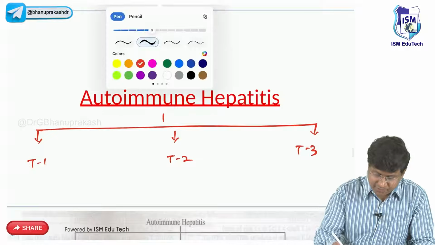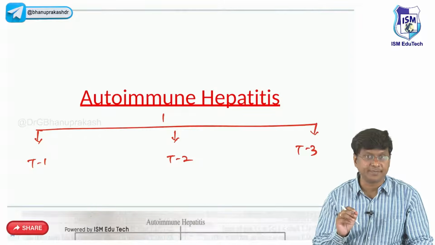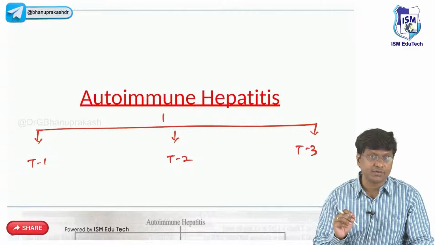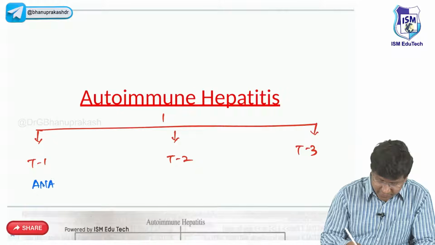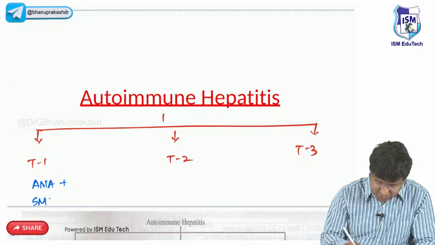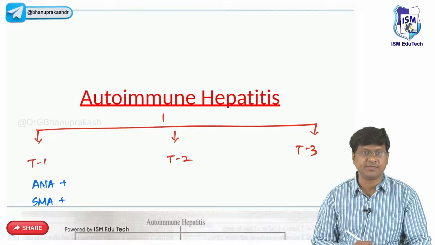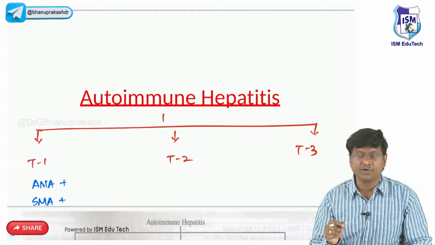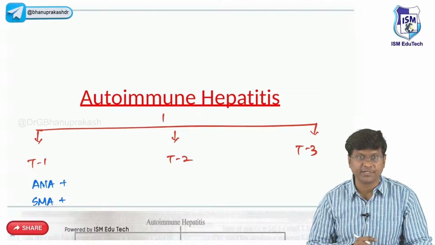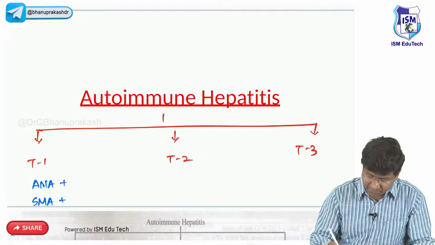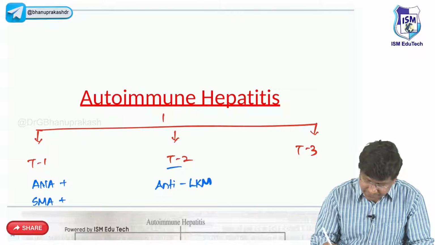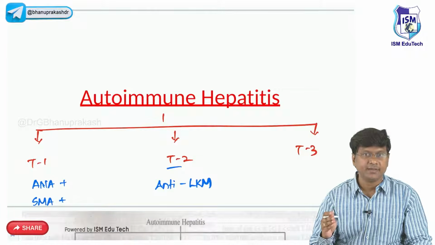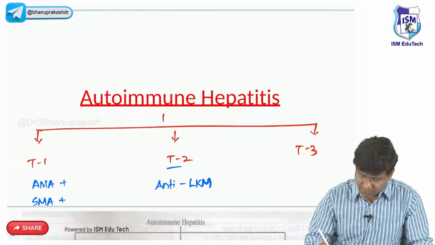In case of autoimmune hepatitis type 1, the characteristic autoantibody profile is that anti-nuclear antibody will be positive, as well as smooth muscle antibody, SMA, will be positive. Whereas in type 2 autoimmune hepatitis, the characteristic autoantibody is anti-LKM1 antibody, that is liver kidney microsome 1 antibody.